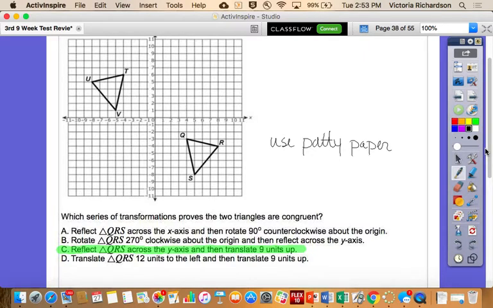You would try reflecting it across the x-axis and then rotating it 90 degrees counterclockwise, and then rotating it 270 degrees clockwise, and then reflecting it across the y-axis, and eventually when you get to C, which is reflecting QRS across the y-axis and then translating it 9 units up, that would give you the correct answer, and TUV would lie directly on top of QRS.